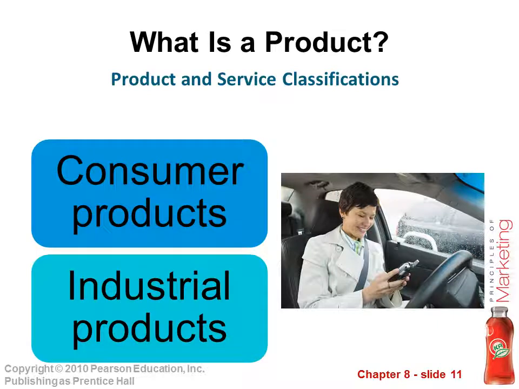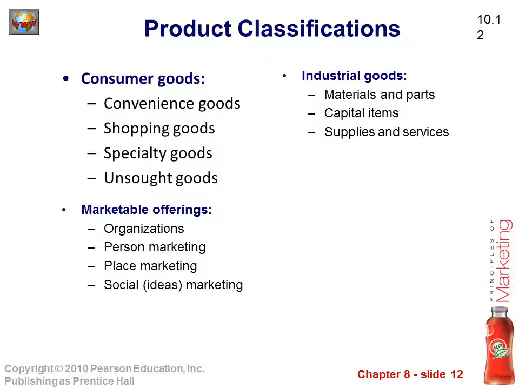In defining the product and classifying the different products, we should differentiate between consumer products and industrial products. The consumer goods are convenience goods, shopping goods, specialty goods, and unsought goods.